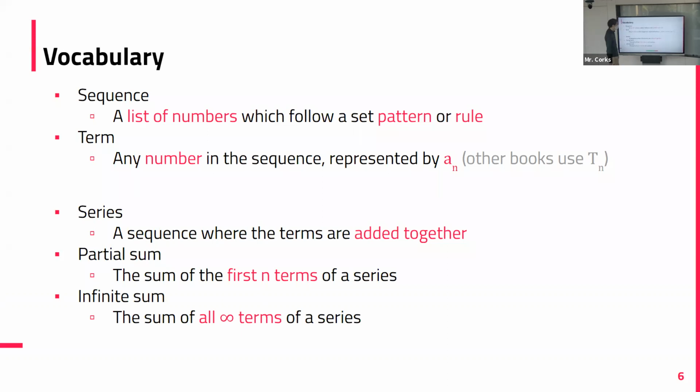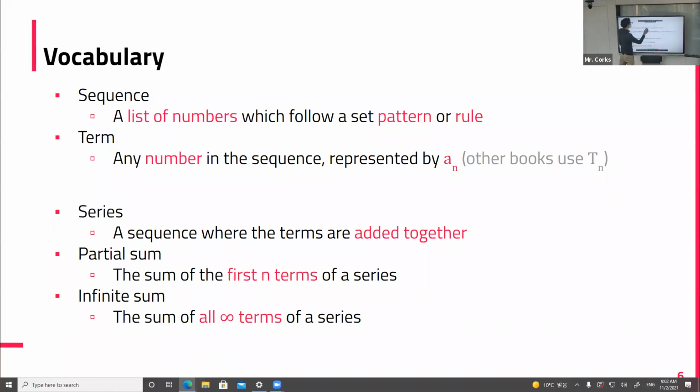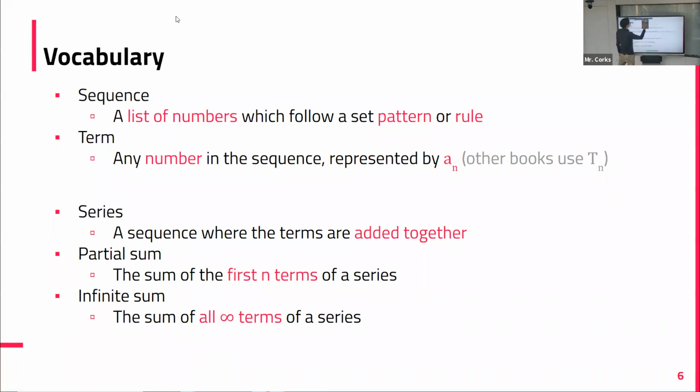So last time, just vocabulary we're talking about, we have a sequence, which is just some kind of list with a pattern or rule. For the things in the sequence in the list, we call them terms and represent them like this, just an for any general term.